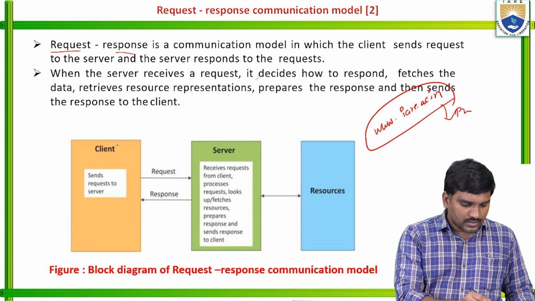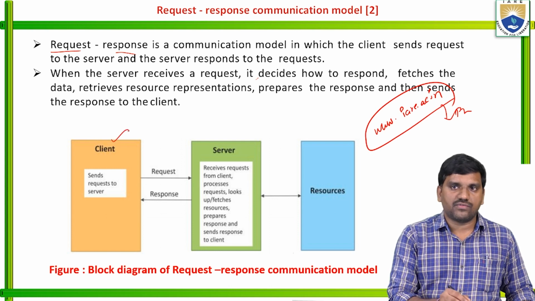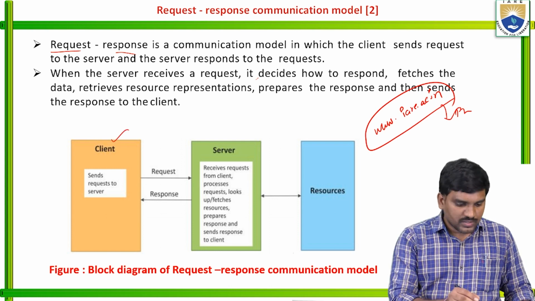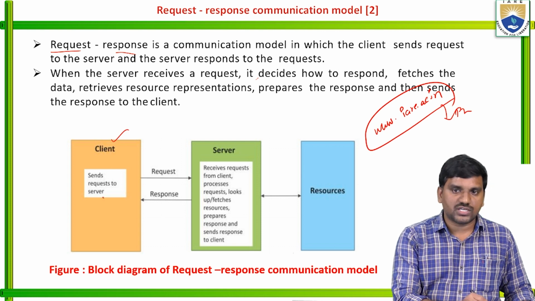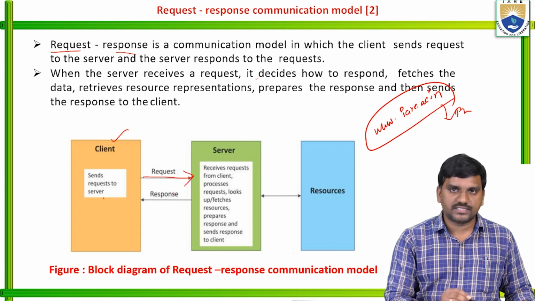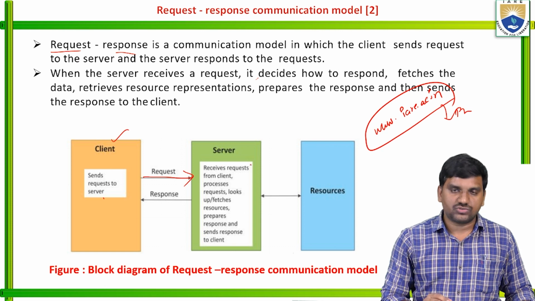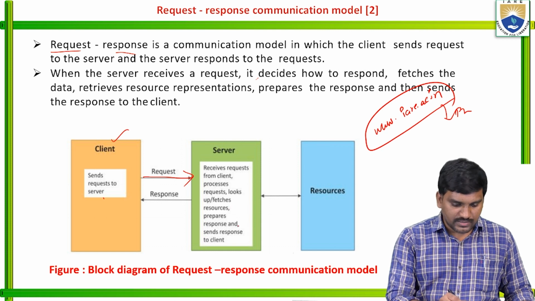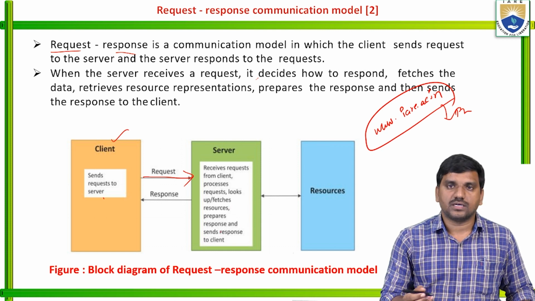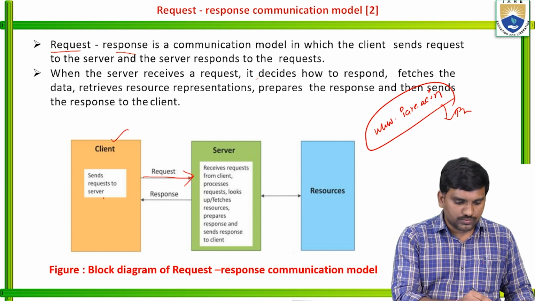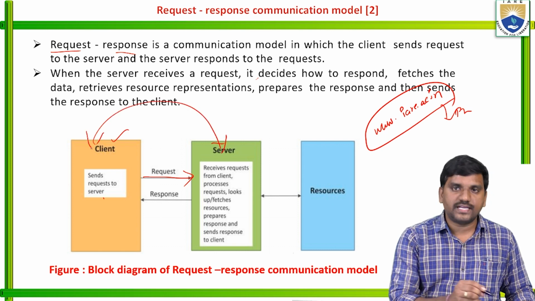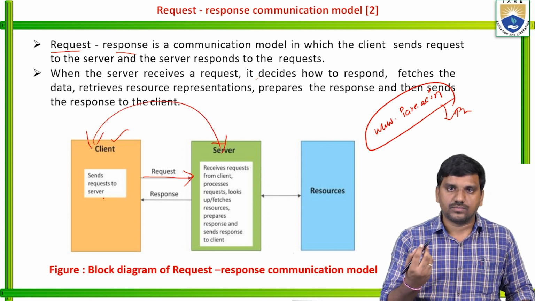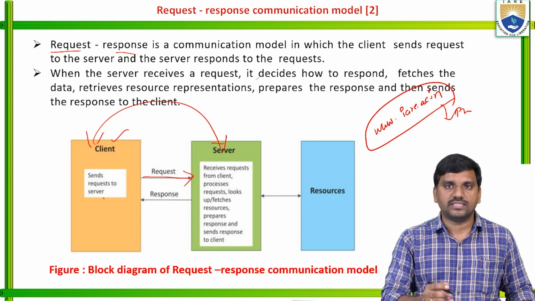Here is the block diagram of the request response communication model. The client sends a request to the server. The server receives the request from the client, processes the request, looks up and fetches the resources, prepares the response and sends the response to the client. No intermediate devices are involved in this process.